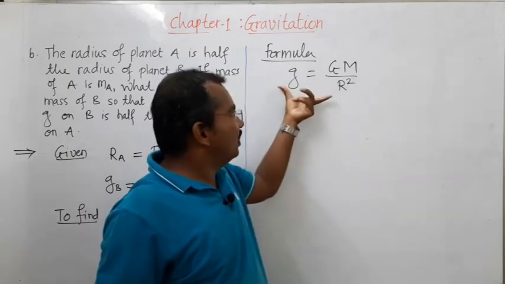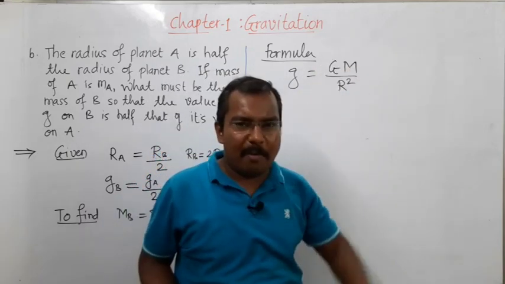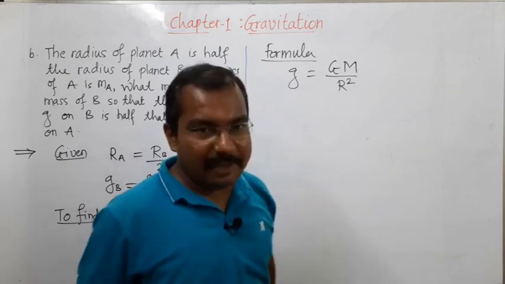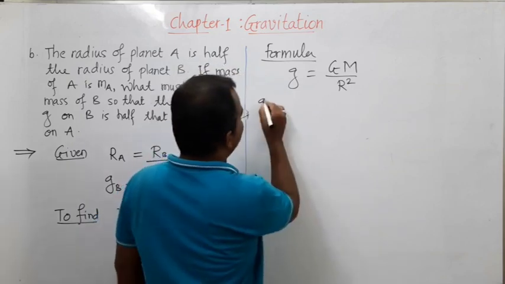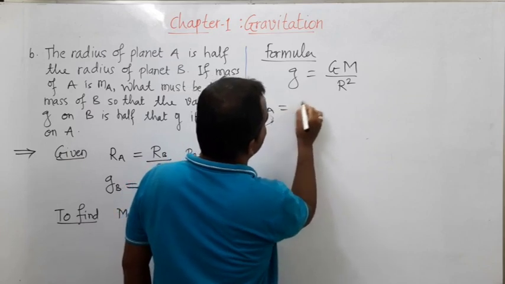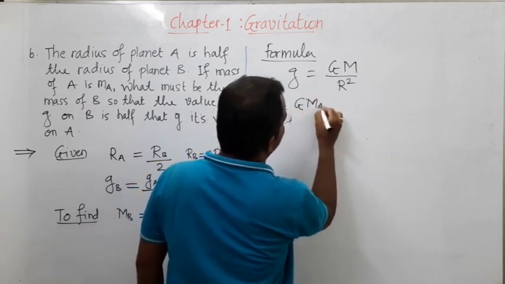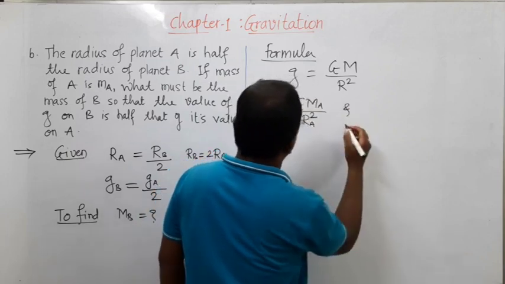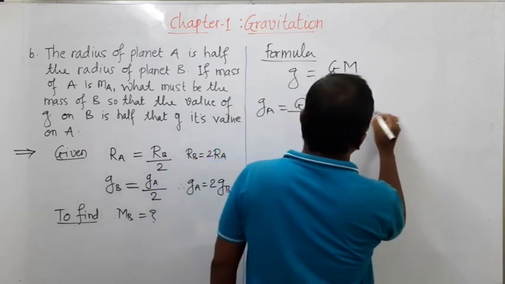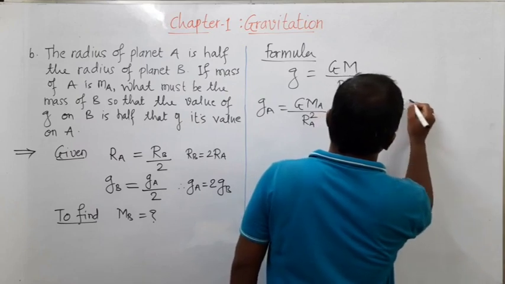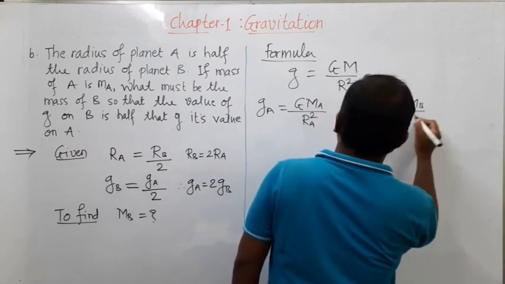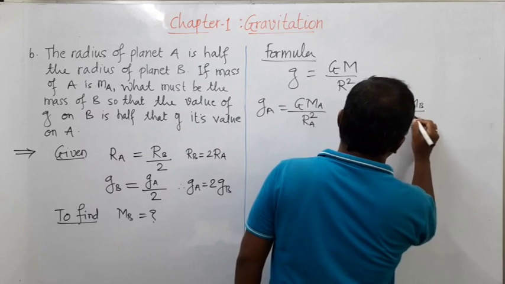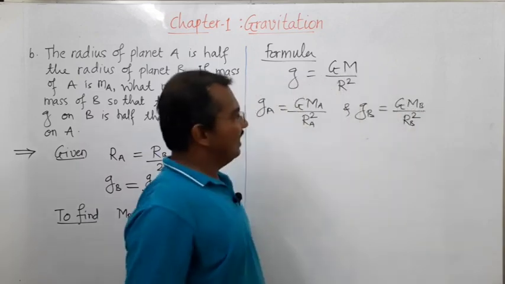We have these two things. This is constant, don't worry about that. So let us compare. So GA will be G times MA upon RA square, and GB will be G times MB upon RB square. Let's compare this.